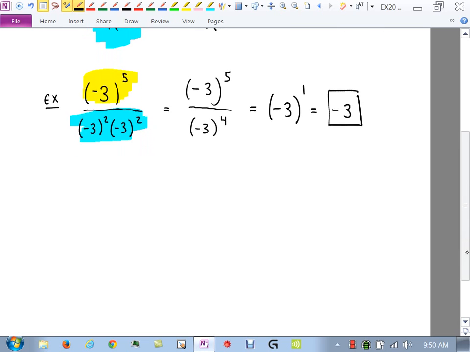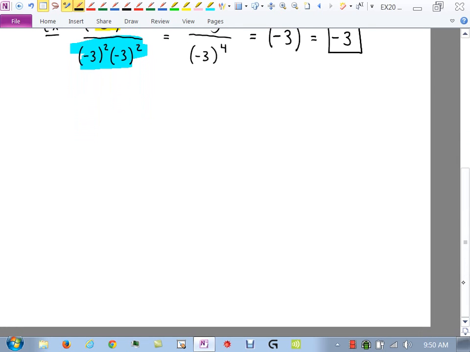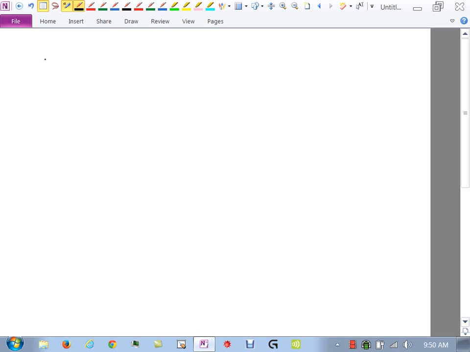All right, now things start to get more complicated, only because we're going to start to combine multiple things. Up to this point, everything I've given you has been the same base to different powers, and we just use these properties. What if I mix things together?